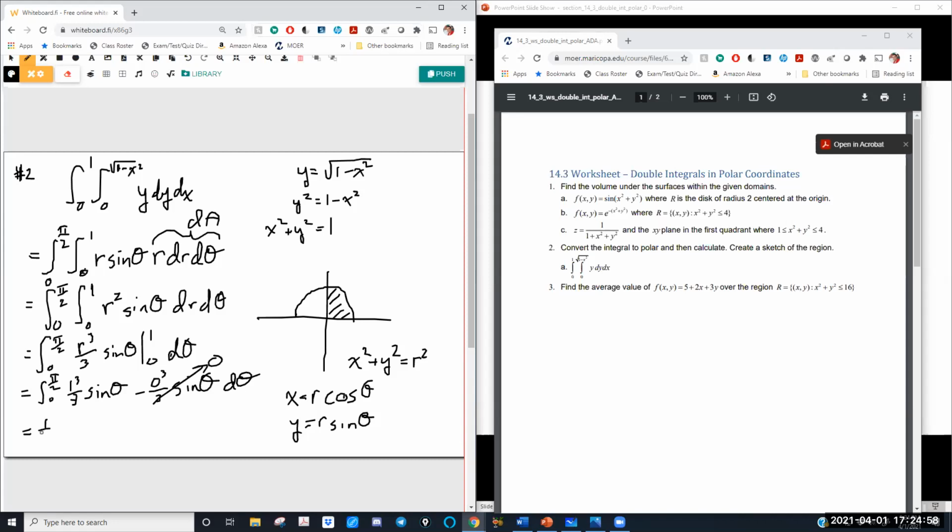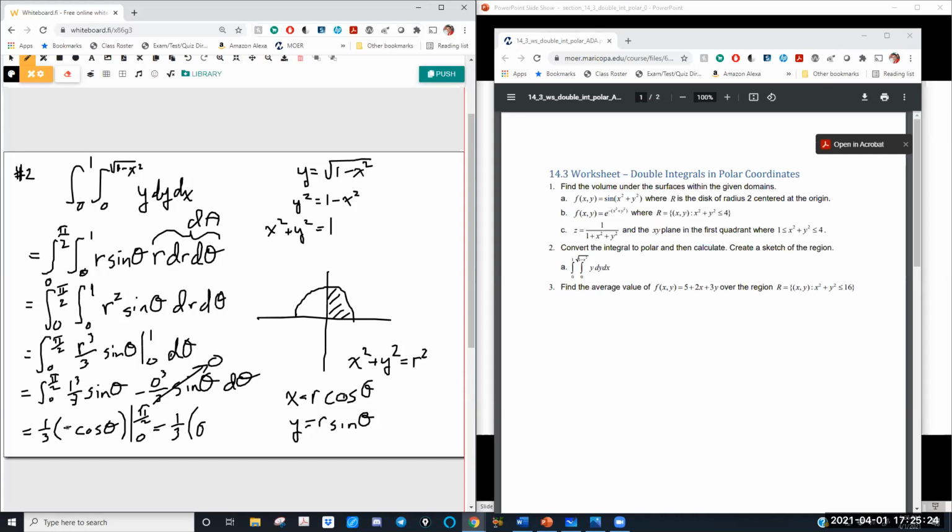So we have 1/3. The antiderivative of sine is negative cosine. And this is going from 0 to pi over 2. So we have 1/3. The negative cosine of pi over 2 is 0.